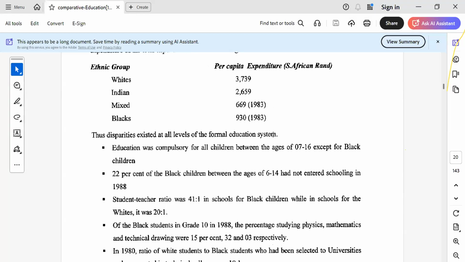Education was compulsory for all children between ages 7 and 16, except for black children.